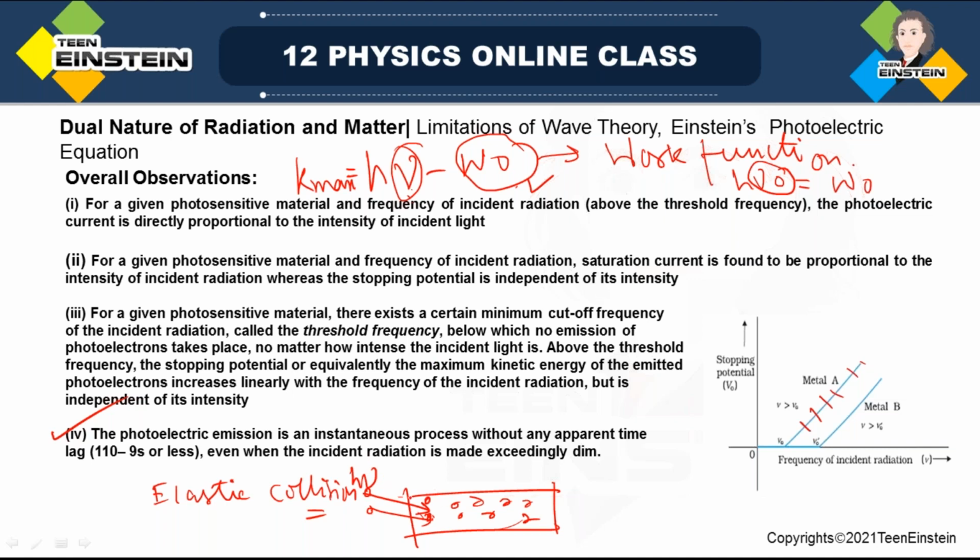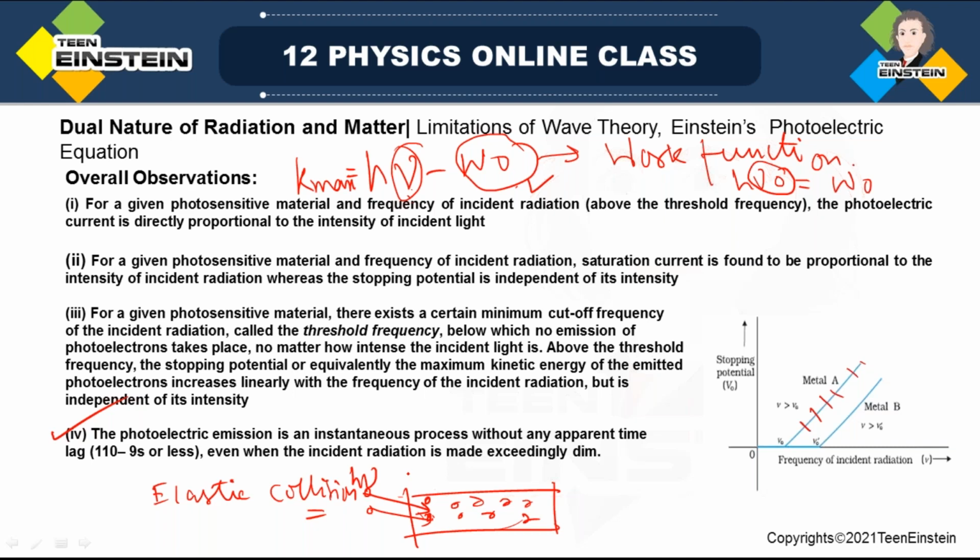Since it is an elastic collision between photon and electron, the energy transfer is a single short process rather than a continuous process. In the wave nature of light, the energy is spread over space, and per unit time a single electron can absorb a certain amount of energy that may not be sufficient to overcome the work function.